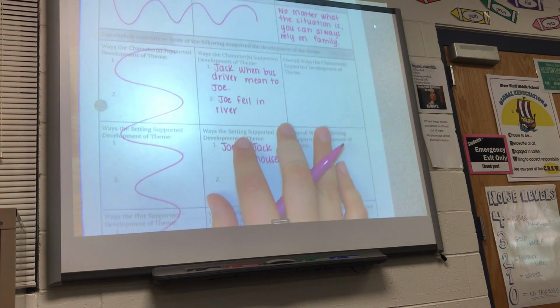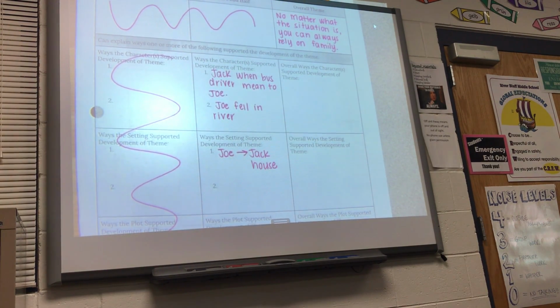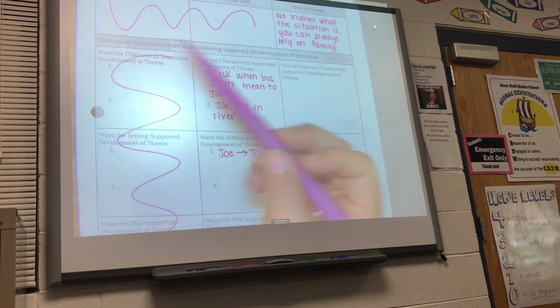Okay, we're gonna go back up to the top. We wanna figure out the best way that the characters, setting, and plot support the development of the theme. So we came up with a couple options, but now we wanna think of what is the best.